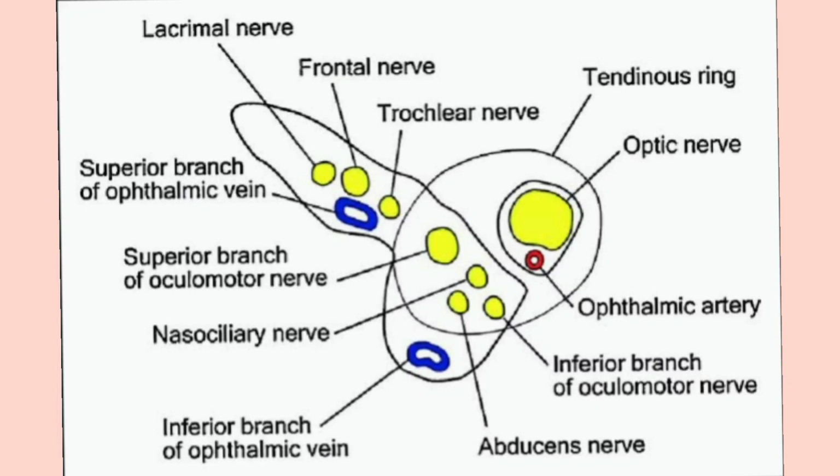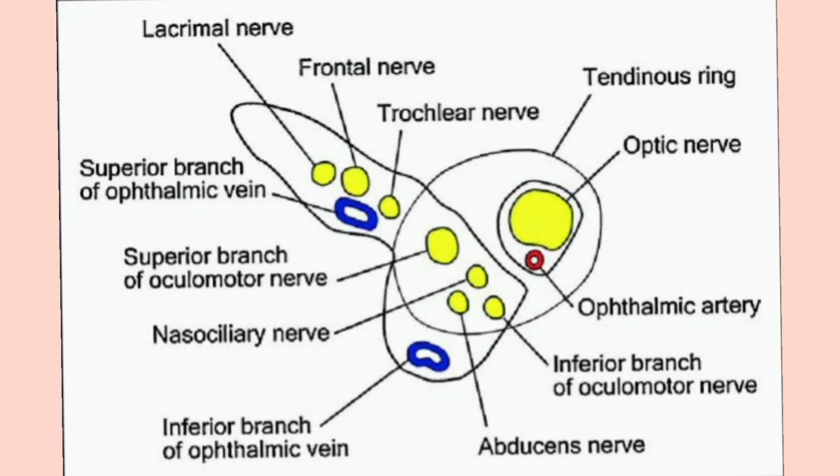If you are asked what are the branches from the ophthalmic division of trigeminal nerve, the branches are three: frontal, lacrimal and nasociliary. Frontal and lacrimal, these two branches pass through the lateral compartment, and the nasociliary nerve passes through the middle compartment. Then come to the medialmost part, through which passes the inferior ophthalmic vein.